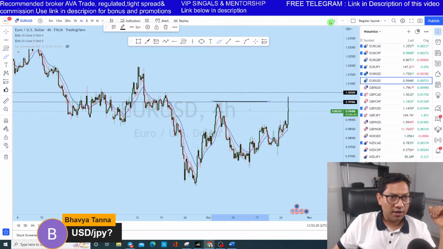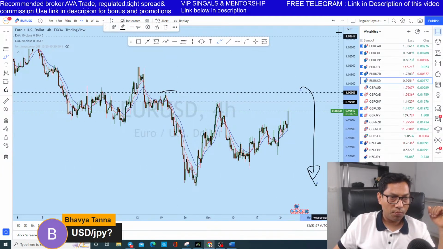So probably it will form in this zone where there is a monthly opening and closing by the end of this week, and from that zone I think it will create a lower high or higher high, and then we might see a big drop.